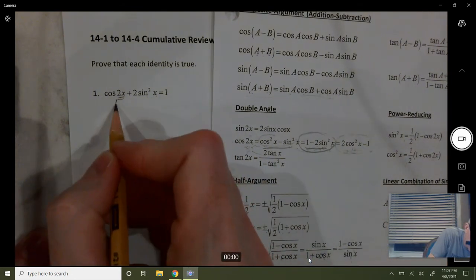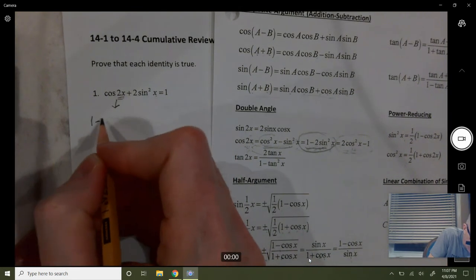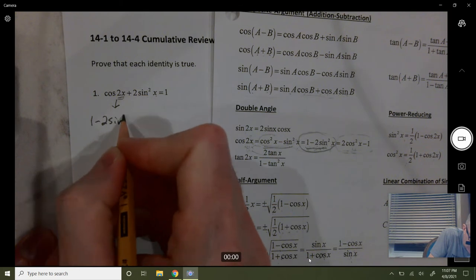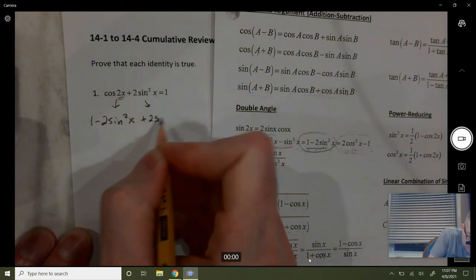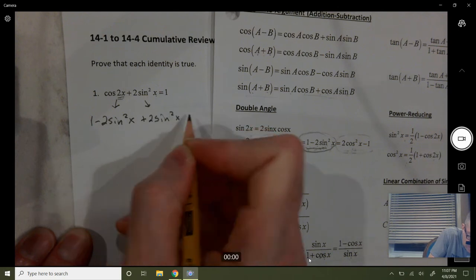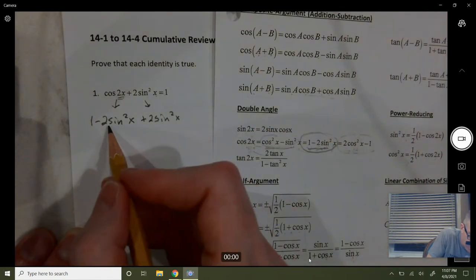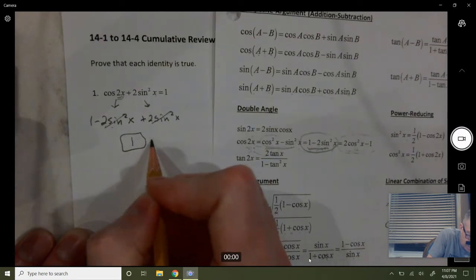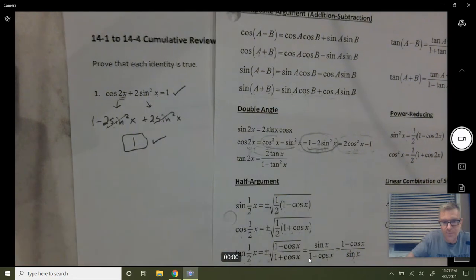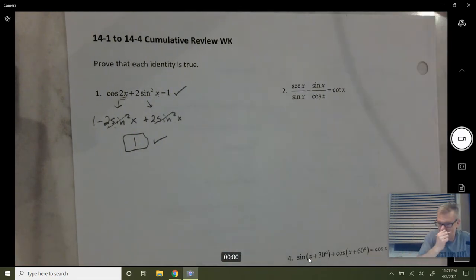I'm going to turn cosine of 2x into 1 minus 2 sine squared x. Bring down this plus 2 sine squared x. Show that that should be equal to 1. 1 minus 2 sine squared x plus 2 sine squared x, those go away, and we simply get 1. Boom, that is what we were supposed to get. So that's all there is to that one.